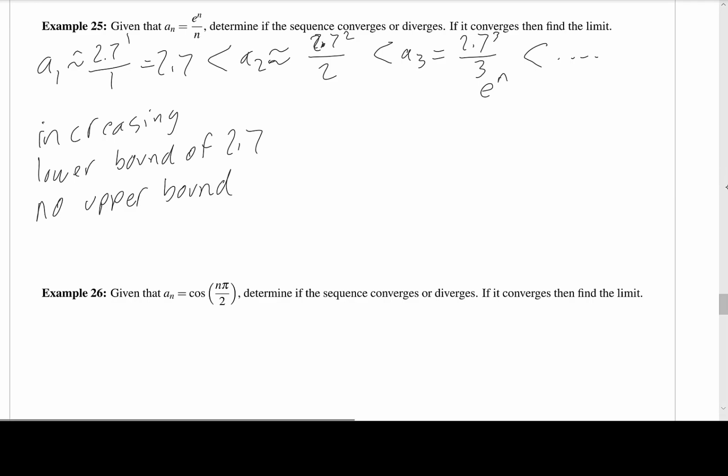And so what we've just figured out from doing this is that since it has no upper bound and it's increasing forever, it must diverge to infinity. Because if it converged to something, say it converged to like 200, then we could have an upper bound of 205.